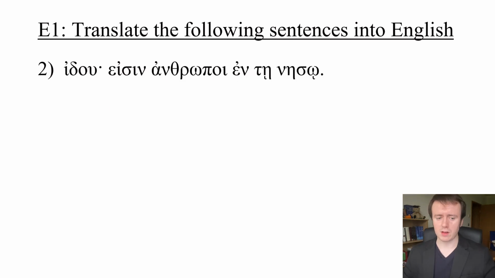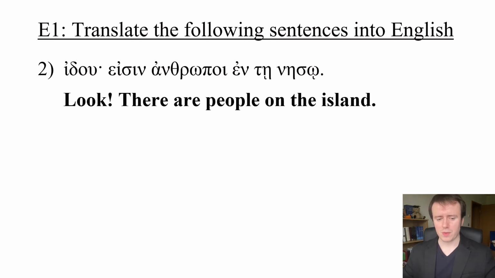Number 2 is idou eisin anthropoi en te nesoi. You should have translated this one as, look, there are people on the island, or there are men on the island. We know that it means this because idou is look, eisin here is beginning its clause, and therefore it means there are rather than they are.